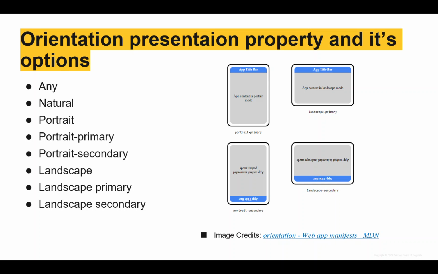If you set landscape primary, it will lock the app in the landscape mode, and it will not rotate if auto rotate of your device is on. Then there is landscape secondary, which will flip your landscape orientation, and you will see the app upside down.